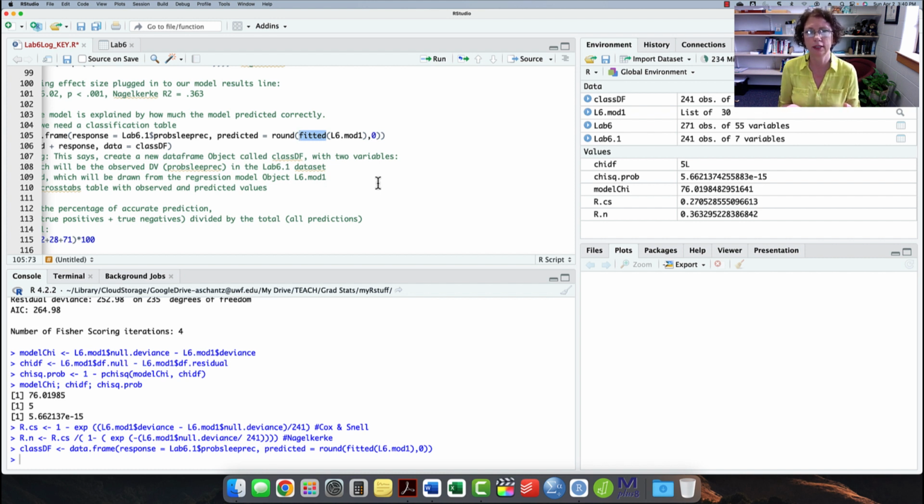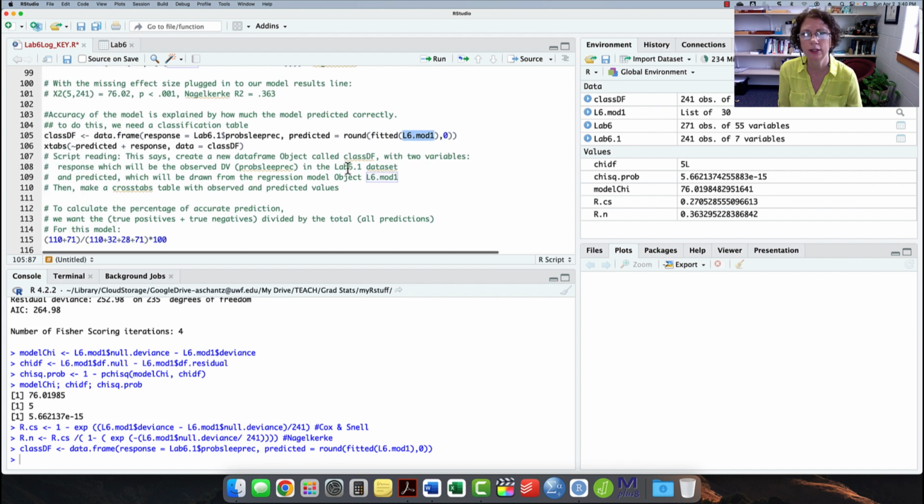The model predicted what this was going to be. So fitted values is the prediction of the model, right? So I took one variable out of the data set and another variable out of the model, and I'm putting them together to make a data frame called class DF. Okay? So that's there in the environment.